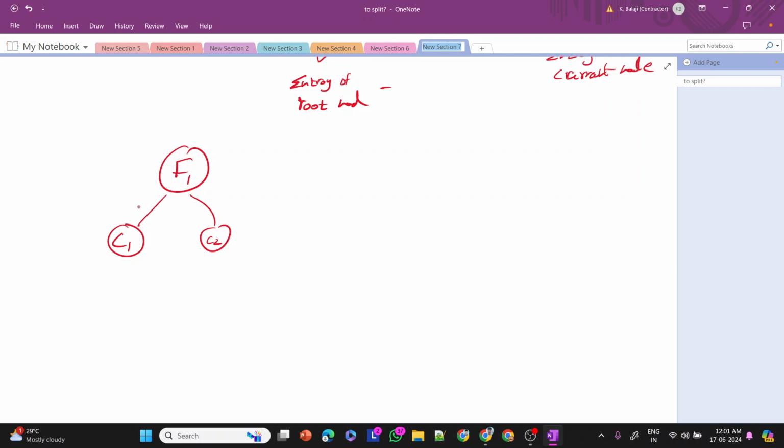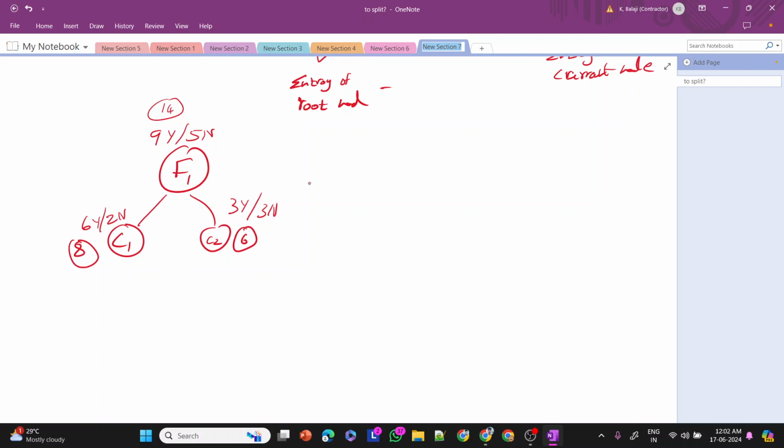C1 has a value of 6 yes and 2 no, and C2 has 3 yes and 3 no. For feature 1 we have 9 yes and 5 no. In total 14 conditions are there, for C1 8 conditions are there, and for C2 6 conditions are there.